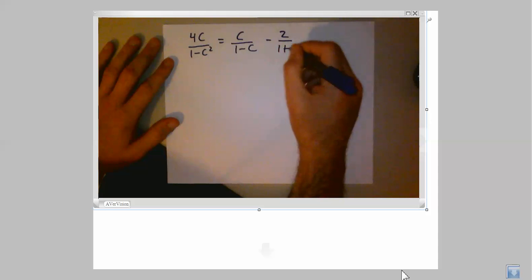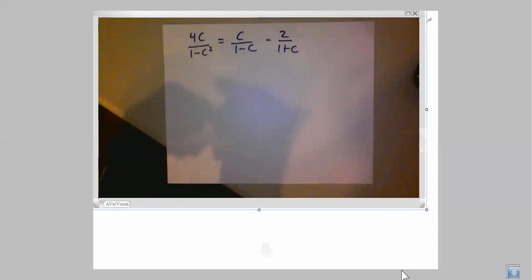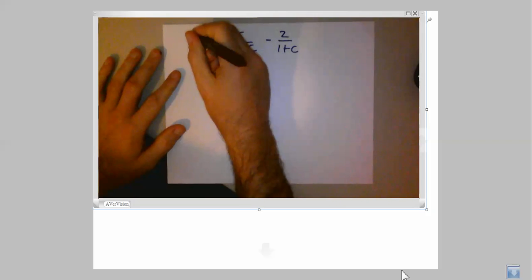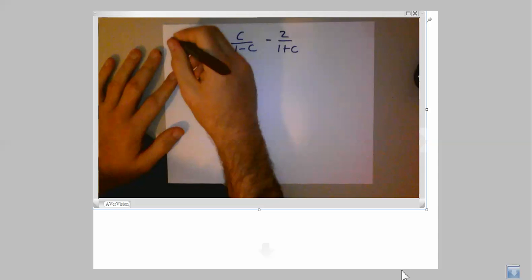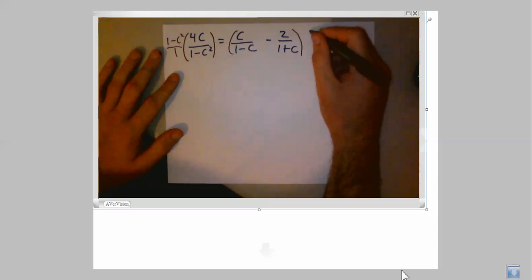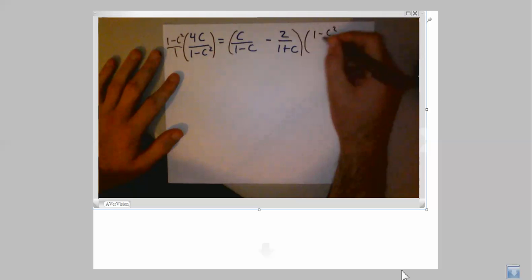Now I'm going to multiply both sides by 1 minus c squared over 1, and I'm going to multiply this side by 1 minus c squared divided by 1.